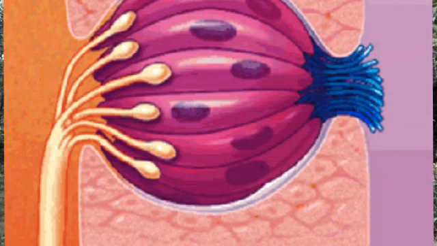When the substance that gives taste stimulates these receptors or chemoreceptors in the taste bud, at that time it is converted to impulses, and these impulses reach the cerebrum through different types of nerves.